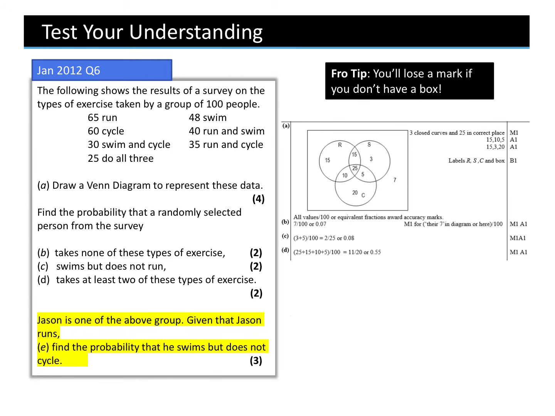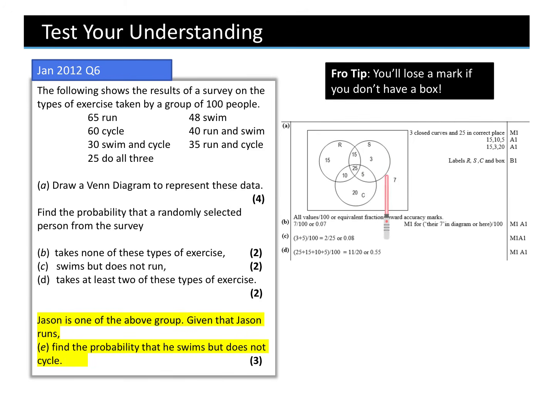Okay, so we should have filled in our Venn diagram, and for the first one, it's none of them, it's the number on the outside, 7 out of 100. For part C, swims but does not run. So they're a swimmer, but they don't run. Okay, that needs to be 3 plus 8. It's not just 3. Okay?